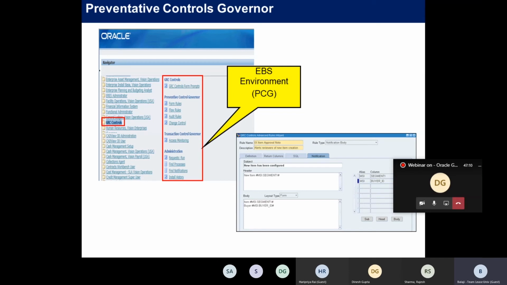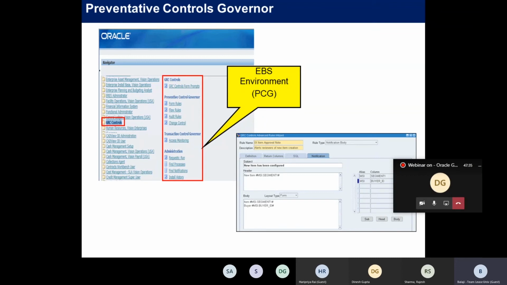Change control is basically any changes to the setups, very similar to CCG. Here, let's say we have five payment terms. We will allow people to add a sixth payment term based on access control, but they cannot go and change any of the five existing payment terms.